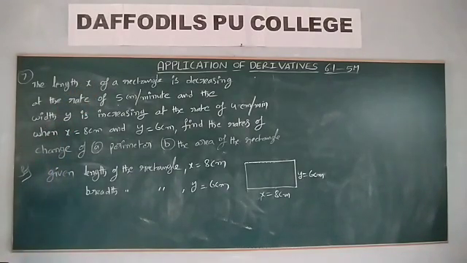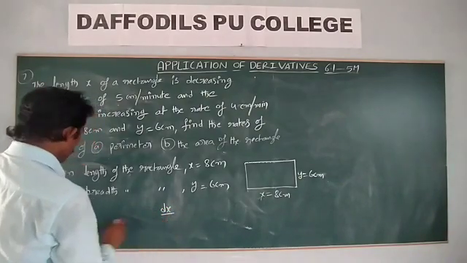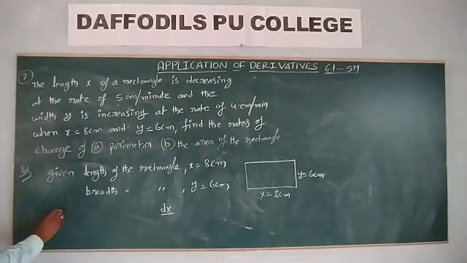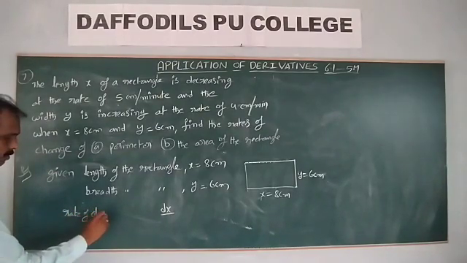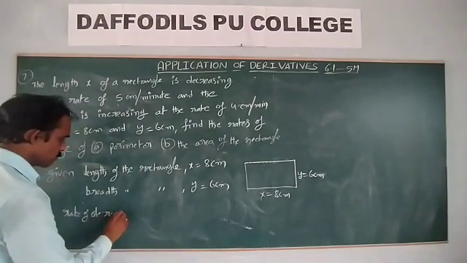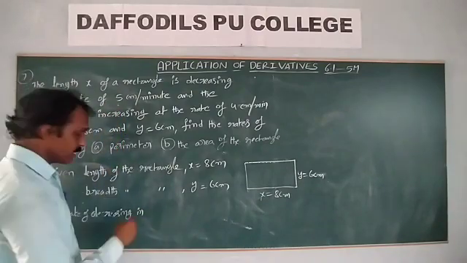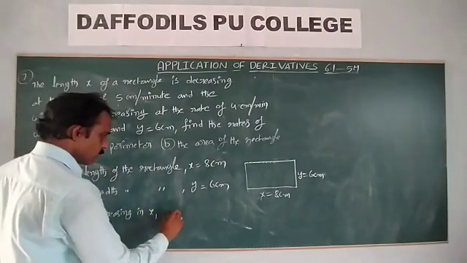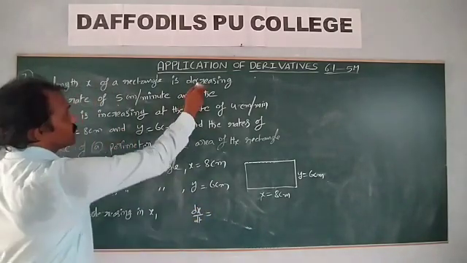Change in x, that is nothing but dx by dt. The rate of decrease in length x with respect to time: dx by dt is decreasing.